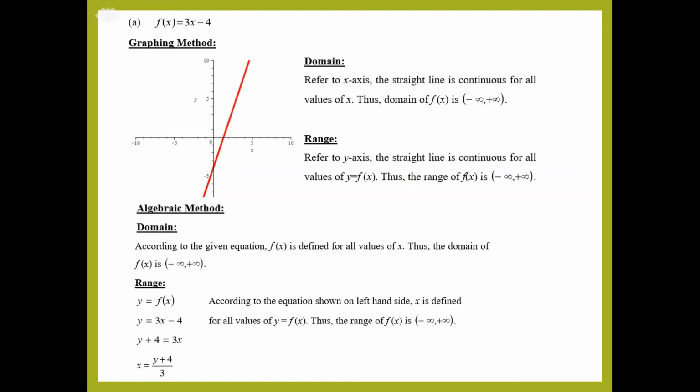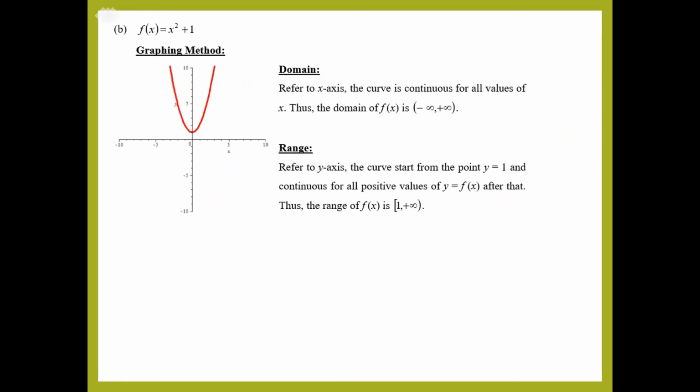By taking y equal to f(x) and simplifying, you will obtain x equal to (y plus 4) over 3. Based on this equation, x is defined for all y values. Therefore, the range of f(x) is also equal to negative infinity to positive infinity.